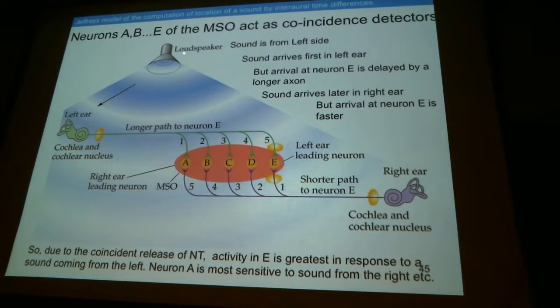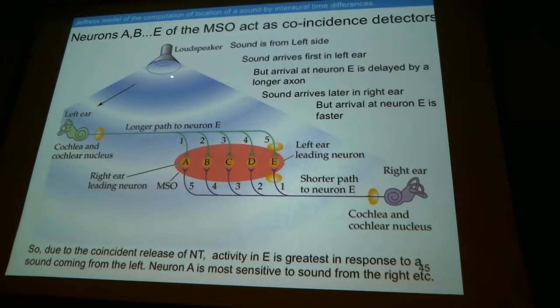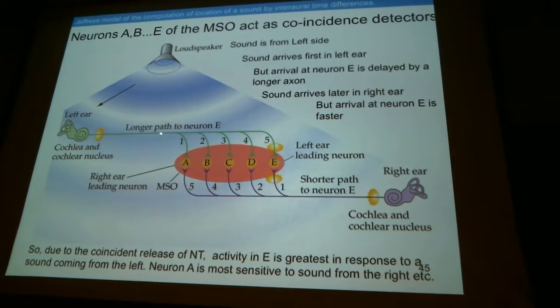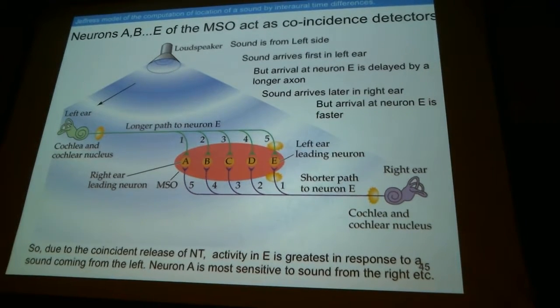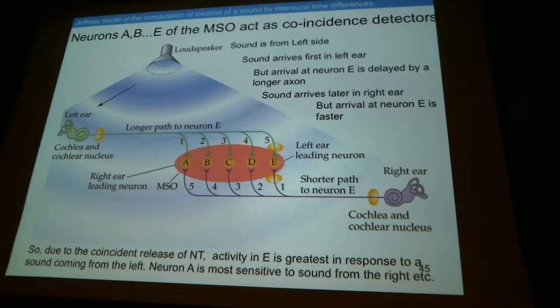So if you have a sound, say from the left side, it's going to arrive at the left ear first, and then it's going to send an impulse along these axons into the MSO. Okay? And these axons form what we call a delay line. Remember we talked about conduction velocity?